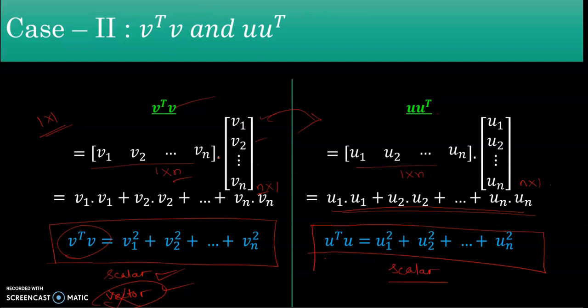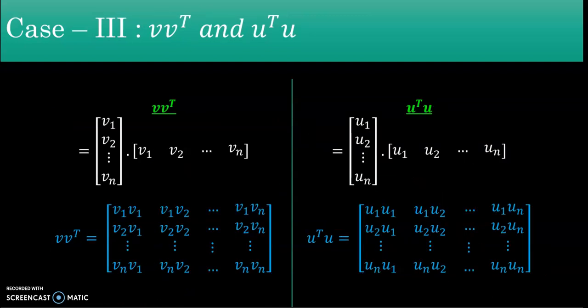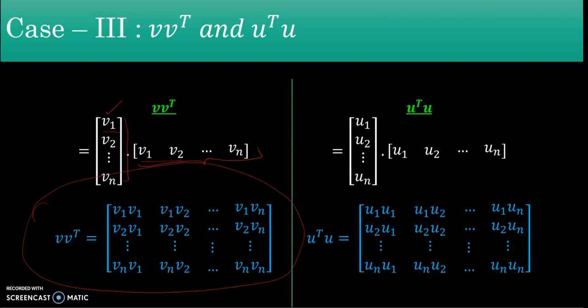Okay, let us go to the third case. Here v is our column vector, and v transpose will be represented as the row vector. If we keep on multiplying one component with the entire vector, we end up getting a matrix. What is the size of this vector? It is n cross 1, and the size of this vector is 1 cross n.